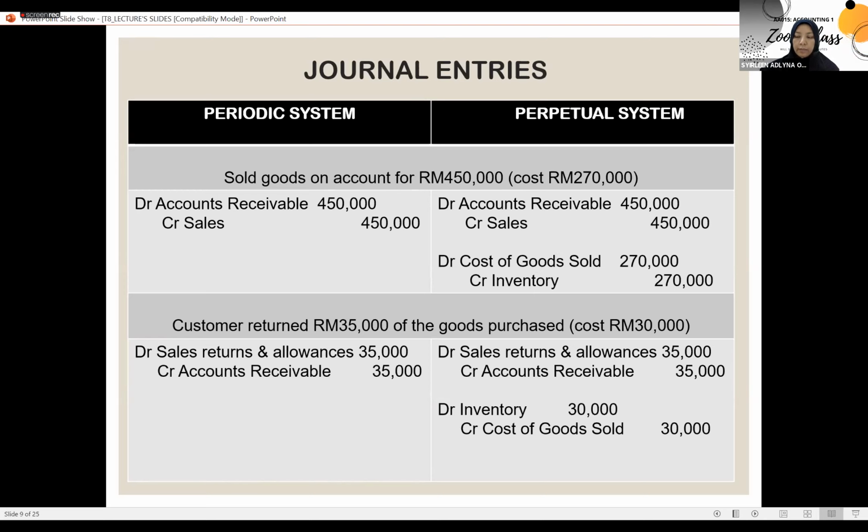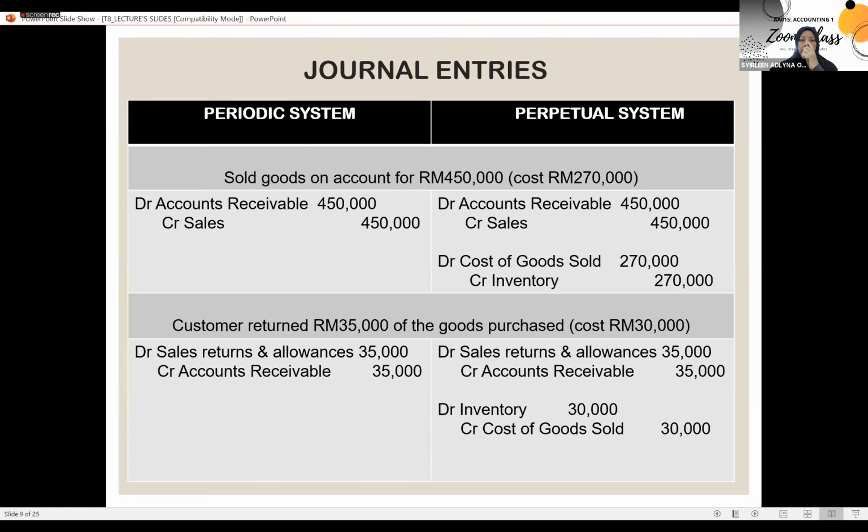I also have the amount for my COGS, which is 270,000. So hari ni juga, saya boleh kira my gross profit is 180,000. So that's why kebanyakan perniagaan lebih suka guna perpetual system, sebab dia akan dapat maklumat dengan lebih jelas, and the inventory is more systematically recorded.